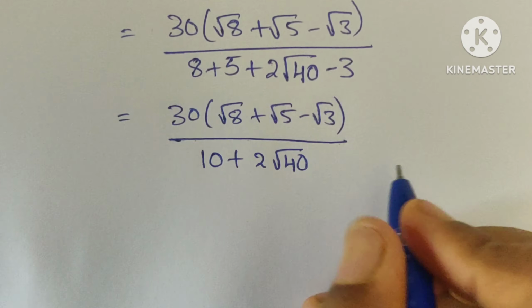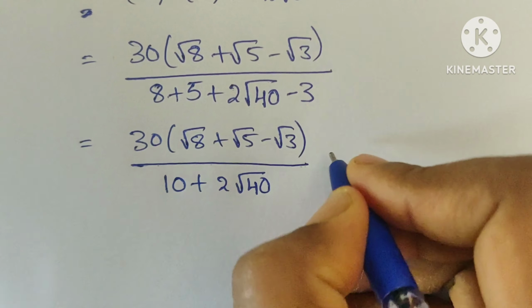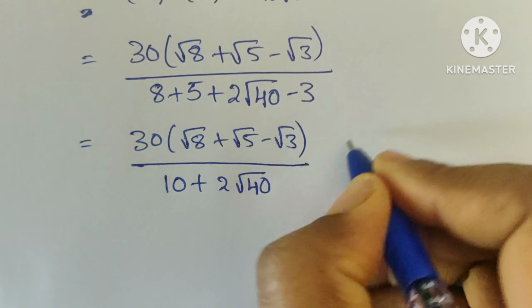So now again we have to rationalize. So in the numerator and the denominator multiply by 10 minus 2 square root of 40 divided by 10 minus 2 square root of 40. So now multiply these two terms.